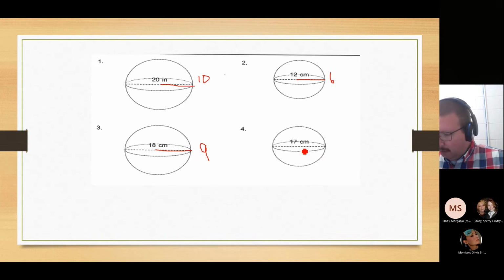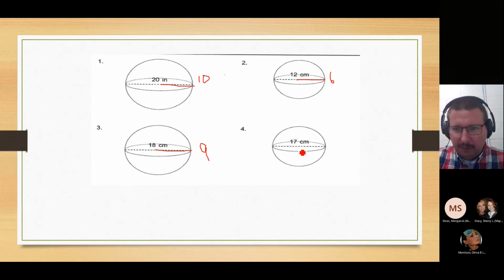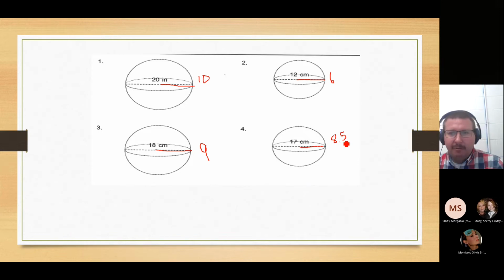Number 4, same way. You only want the radius. 8.5. Once you have the radius, then you can plug them into the formula. 4/3 pi radius to the 3rd power, and then hit equals. So these are the answers to 4.